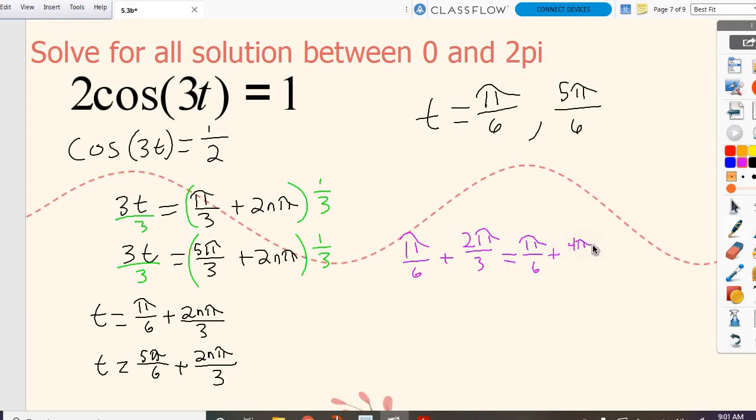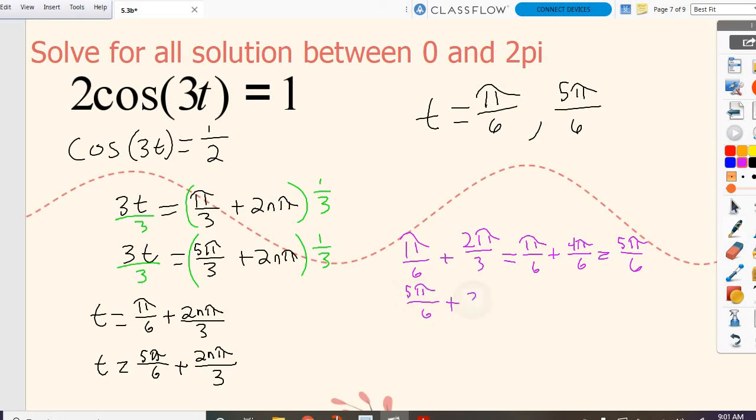So we would get 4π/6, so we get 5π/6. Which, since we already have 5π/6, that kind of takes care of it the first time that we list it. But we do need to go to our next one, which is the 5π/6.